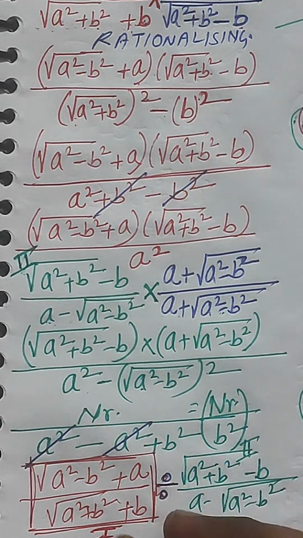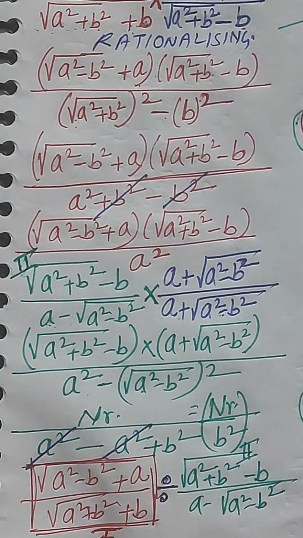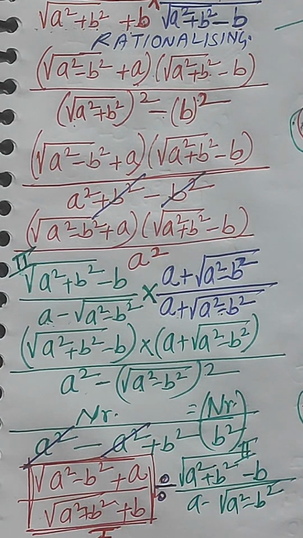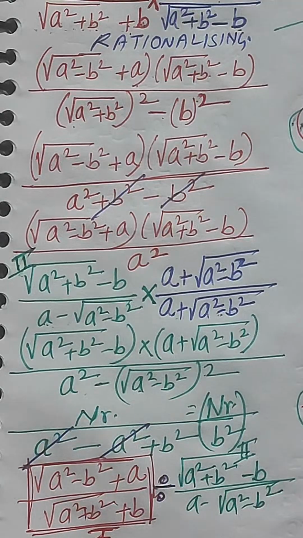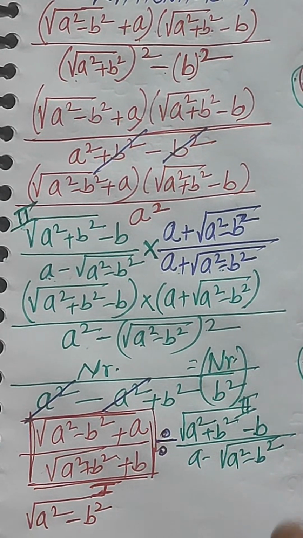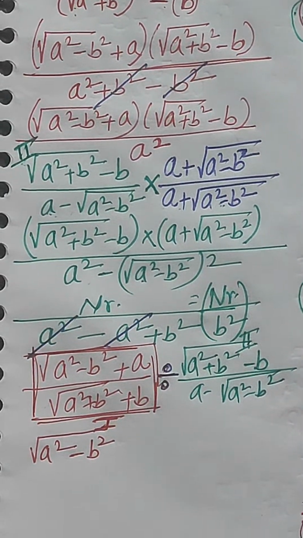The simplified format of the first part is this one, that is in the red. I am repeating. So what we have already simplified, write it over here, root over of a square minus b square, right? Let me shift a little.